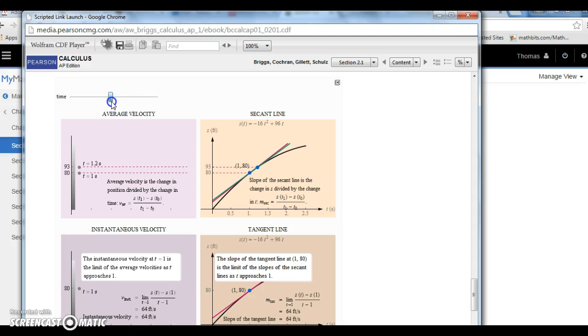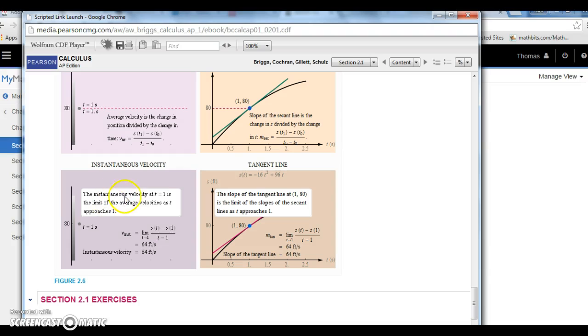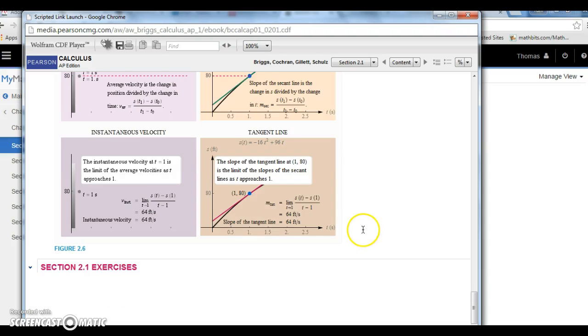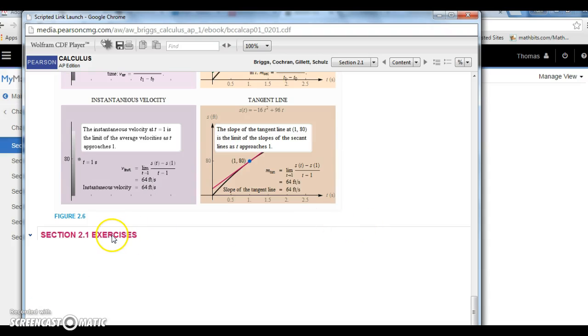As t approaches 1, voila, the average velocity approaches instantaneous velocity. The secant line approaches the tangent line. Instantaneous velocity at t equals 1 is the limit of the average velocity as t approaches 1. The slope of the tangent line at 1, s of 1, is the limit of the slopes of the secant lines as t approaches 1. You'll have some exercises, but for now I've got to wrap things up.